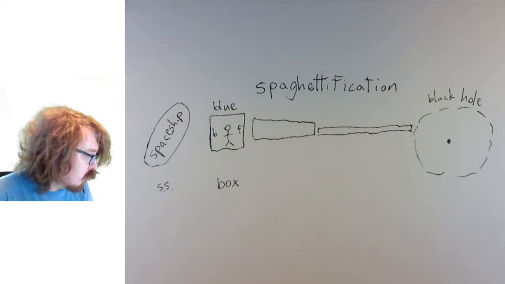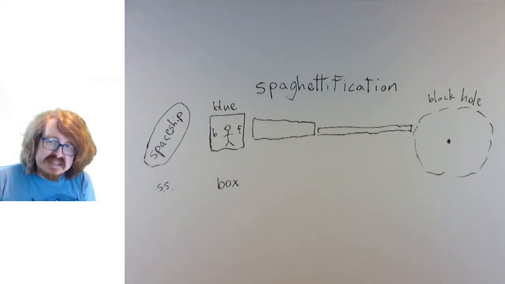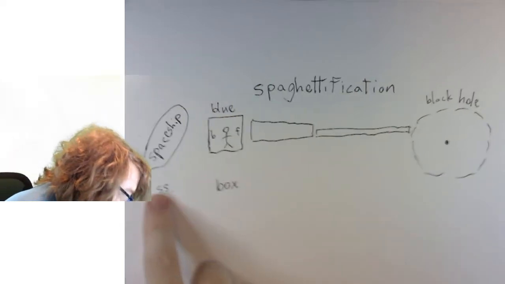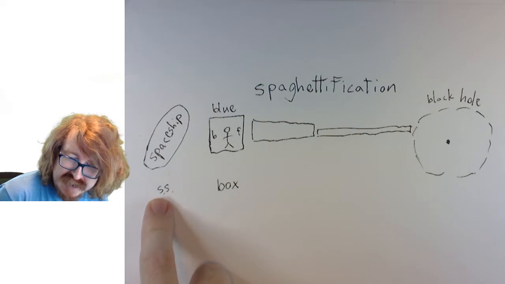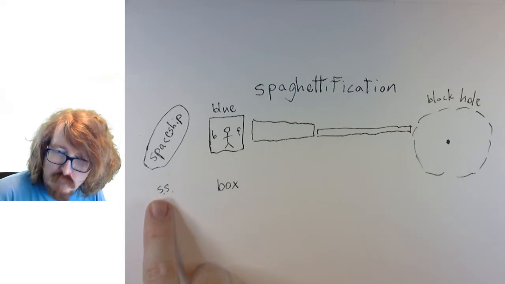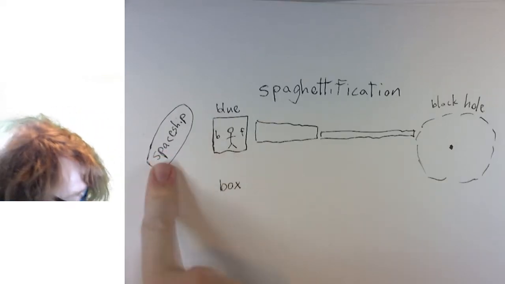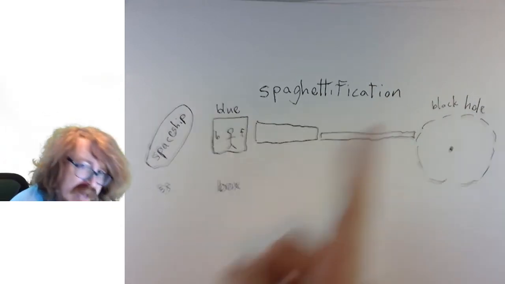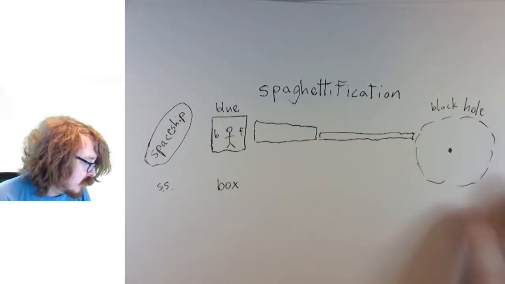Okay, so number one, let's first talk about the space station's point of view. What do these people see happen to the box? Well, they see the spaghettification. We already said that.